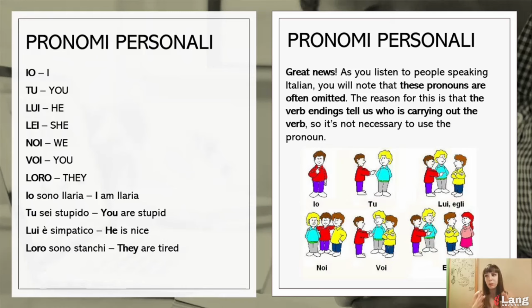Of course, in the beginning, I suggest you always use the pronouns to get familiar with them. But then slowly, you can just omit them, and also you will see how Italians don't use them too much. We use them when we really want to stress the subject. So we really want to stress that I'm talking about myself or about somebody else, but they are never required, actually.